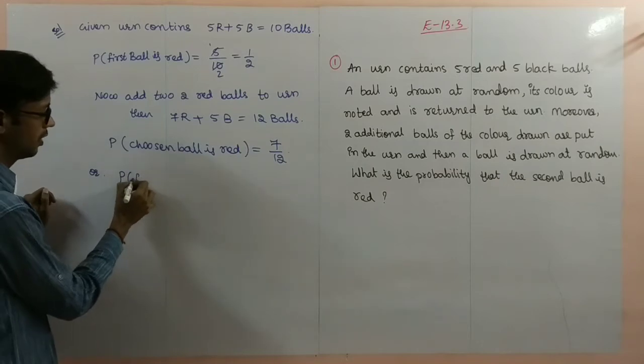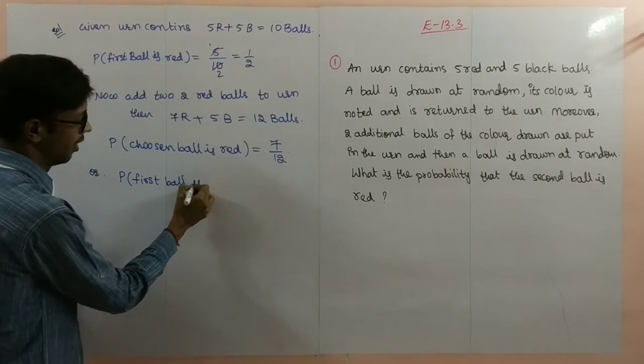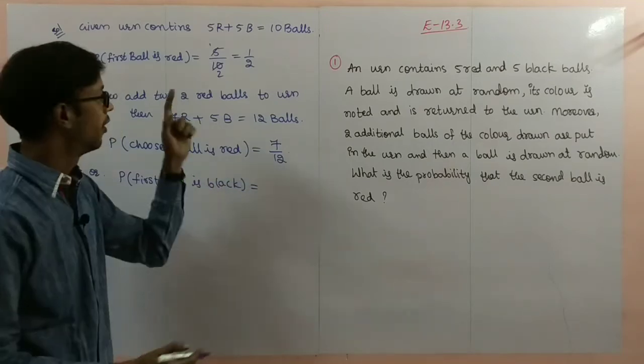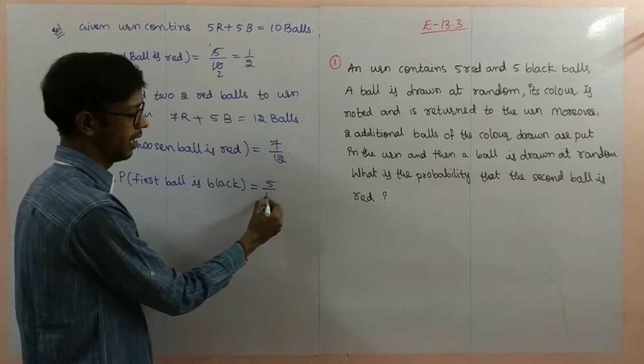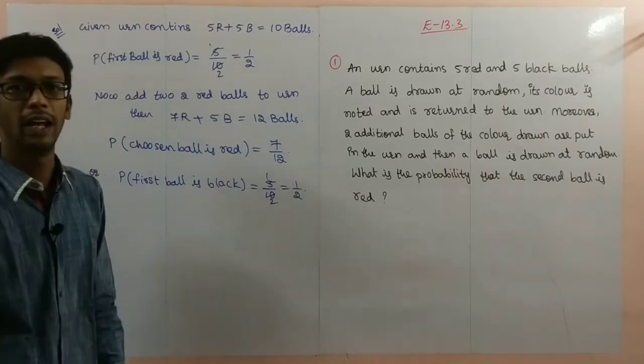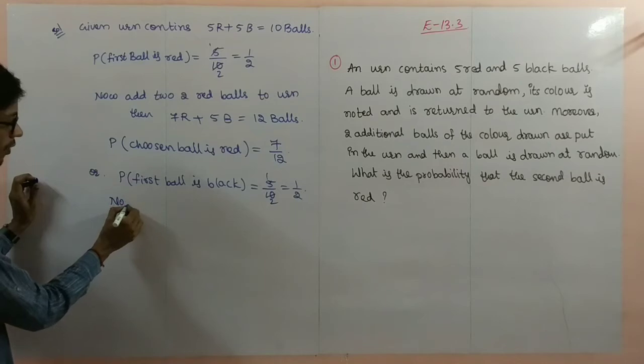Probability of first ball is black. First ball only if you are getting black, what is the probability? 5 by 10, that is 1 by 2. Next one. Now, what we have to make?